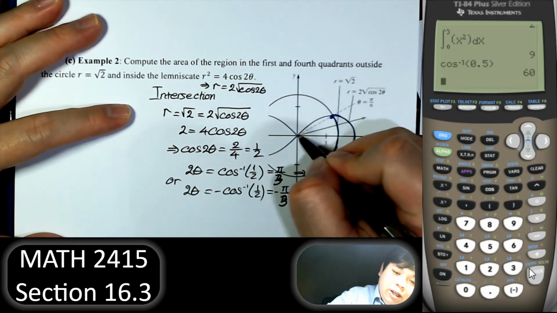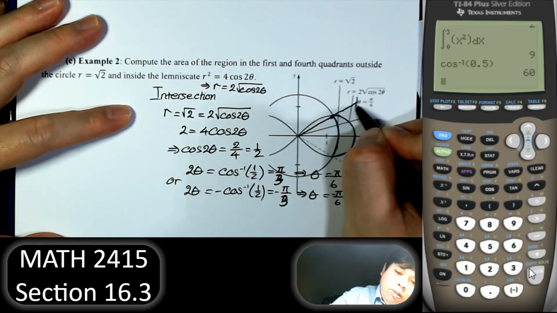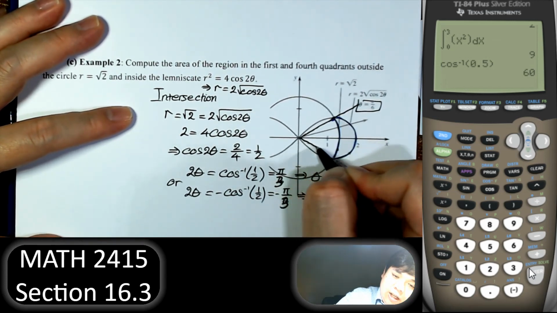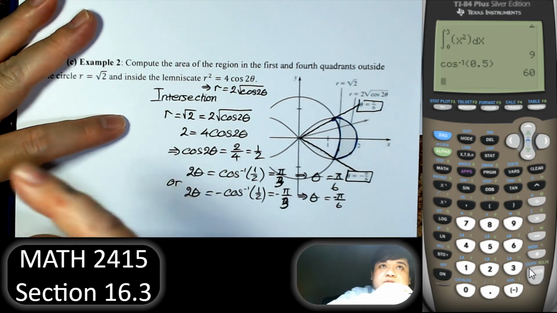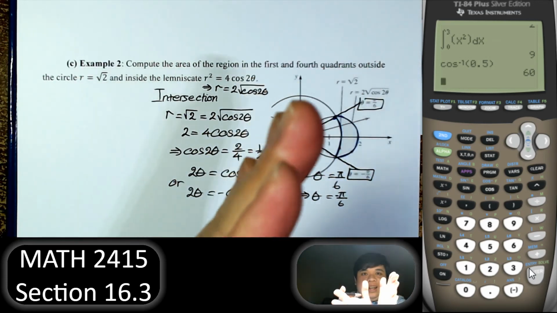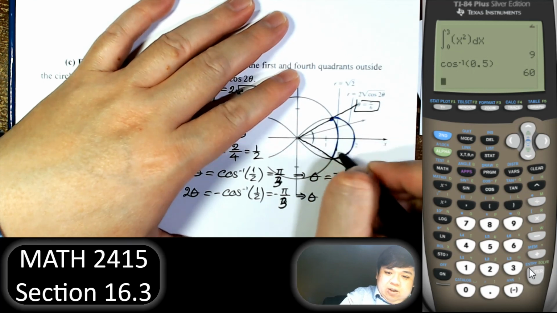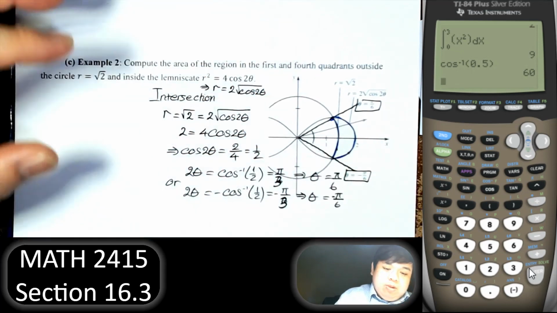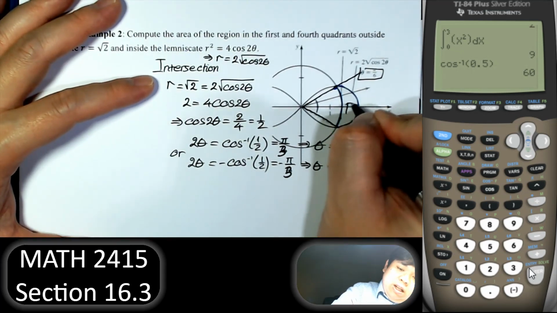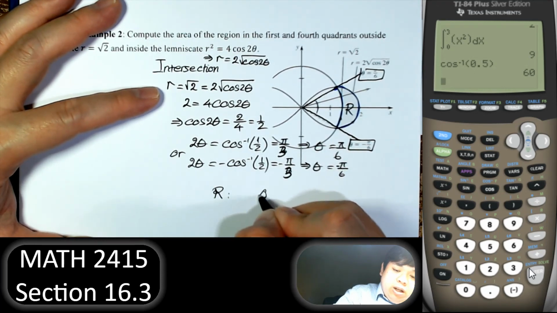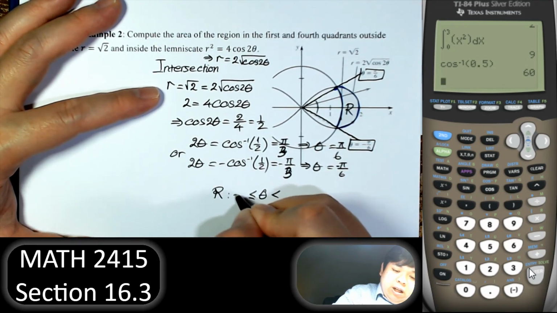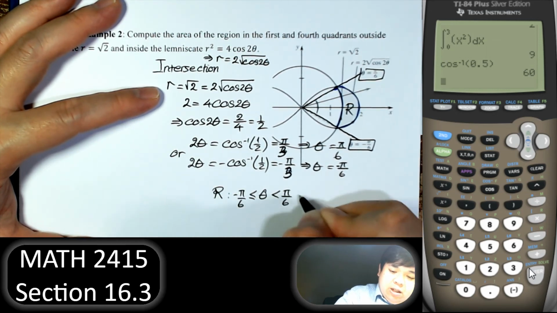So that will be between negative pi over 6 to pi over 6. So we look at that angle here. So the region is between those limits. So this region R, we can say theta is between negative pi over 6 and pi over 6.